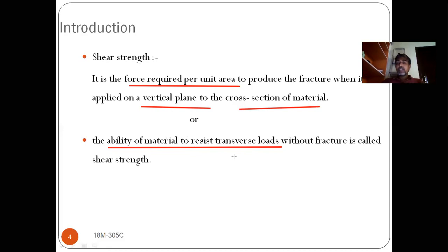Tensile strength is the ability of the material to resist tensile loads, and compressive strength is the ability of the material to resist compressive loads. Similarly, the ability of the material to resist transverse load is known as shear strength. It is the easiest definition to write, and the first definition is somewhat more typical compared to the second one, but both give the same concept.